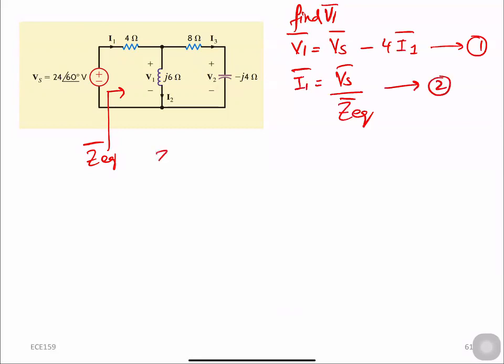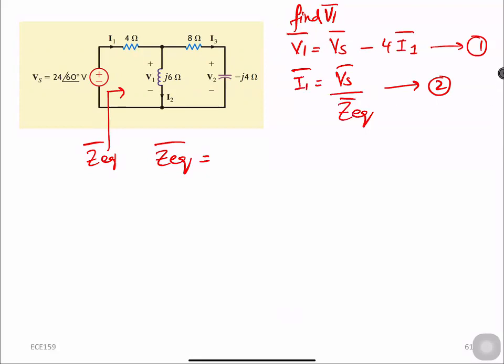To do so, we will write the equation. We know that these two, the 8 ohms and the capacitor, are in series with each other, and they both are in parallel with the inductor. And then this is in series with the resistor, 4 ohms.